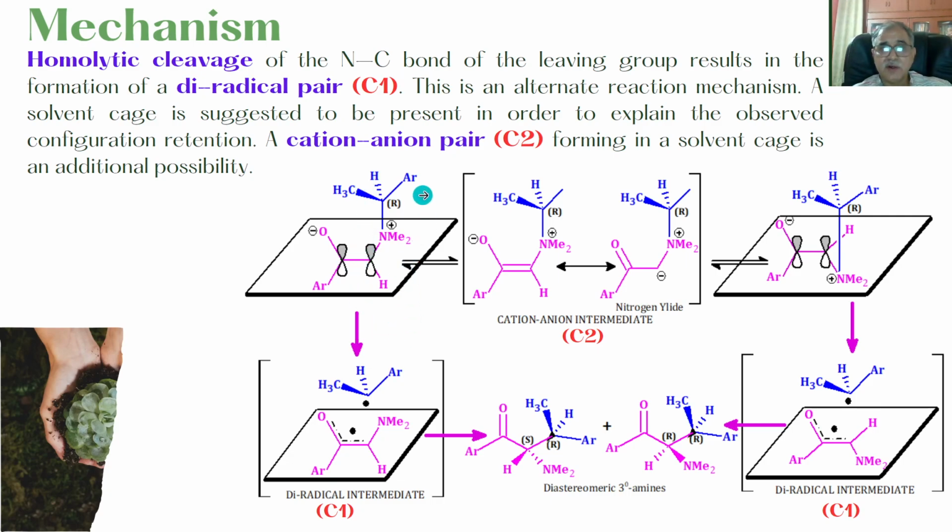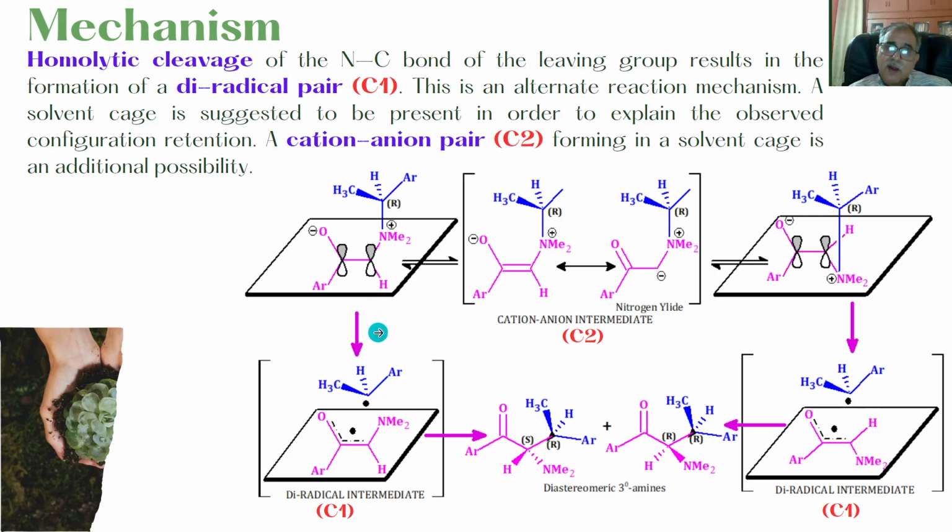For example, if we have this type of quaternary ammonium salt where one of the carbons is an optically active carbon, then removal of the proton at the alpha carbon to this nitrogen will lead to the formation of this type of nitrogen ylide. And because of this, we can see that this is a cation-anion intermediate which is formed.